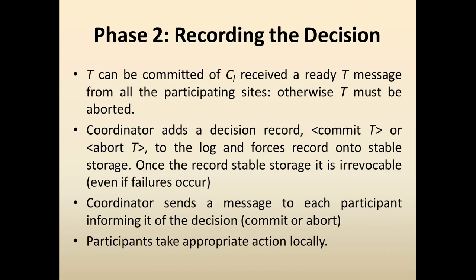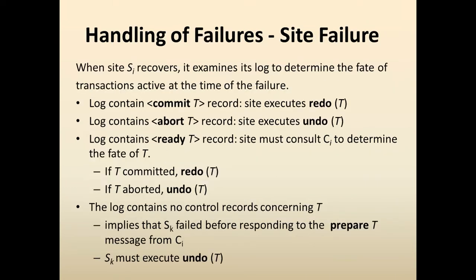Once the record is on stable storage it is irrevocable, even if failure occurs. The coordinator then sends a message to each participant informing it of the decision, commit or abort, and the participants take appropriate actions locally.